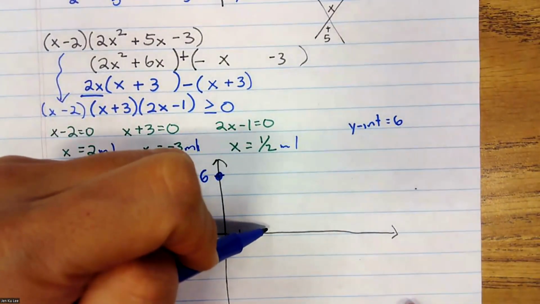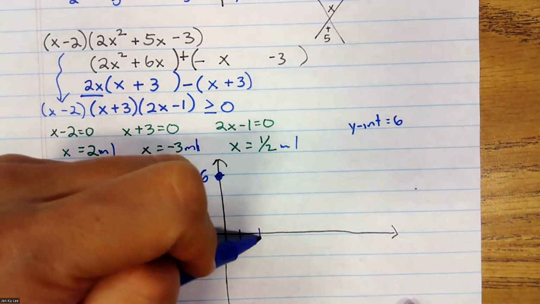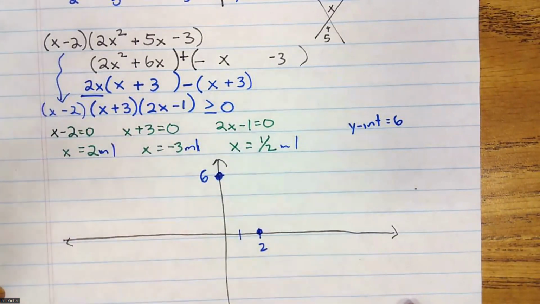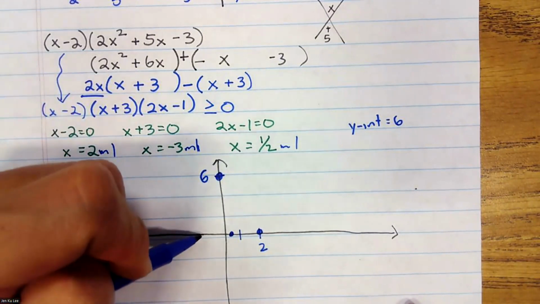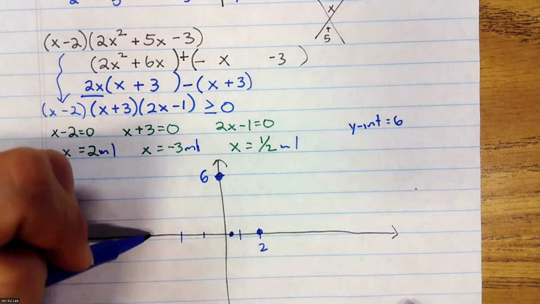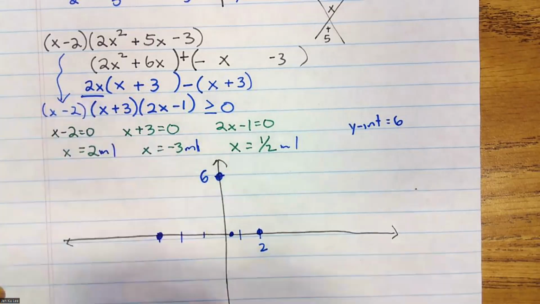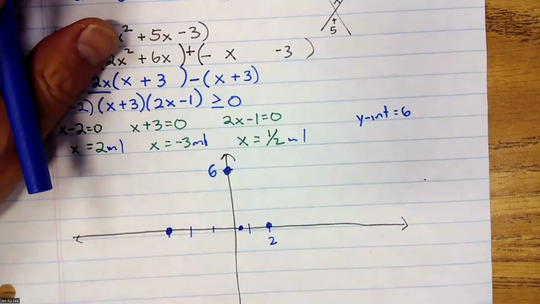1, 2. That's 2. Here will be 1/2. And then 1, 2, 3. That would be my other x-intercept.